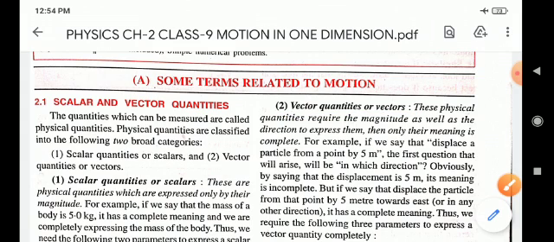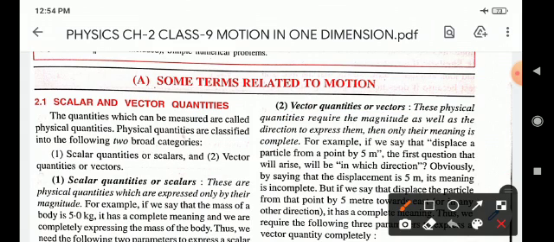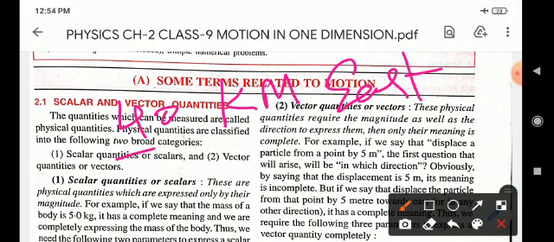For example, 10 kilometer is a scalar quantity because it has only magnitude but not direction. Similarly, 40 kilometer east: 40 kilometer is the magnitude and east is the direction.